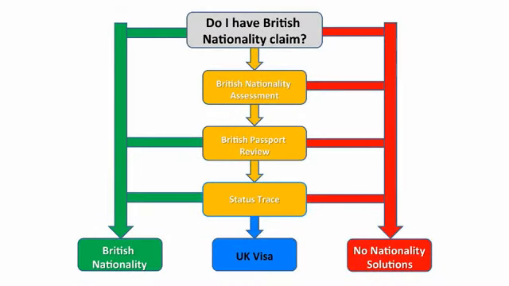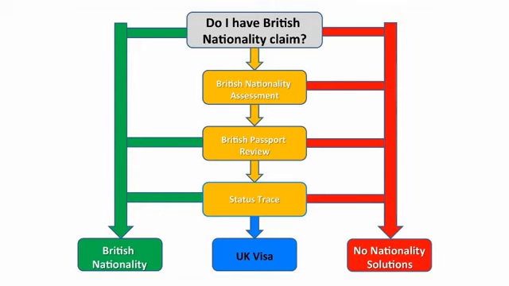So let's do a quick recap. Do you have a claim to British nationality? By now you should be clearer as to whether you have one or you don't. If you're still unsure, we have suggested that you do that free British nationality assessment on the whatpassport.com website. After you complete that, you will either be told that you have no claim or there are some potential claims available to you.